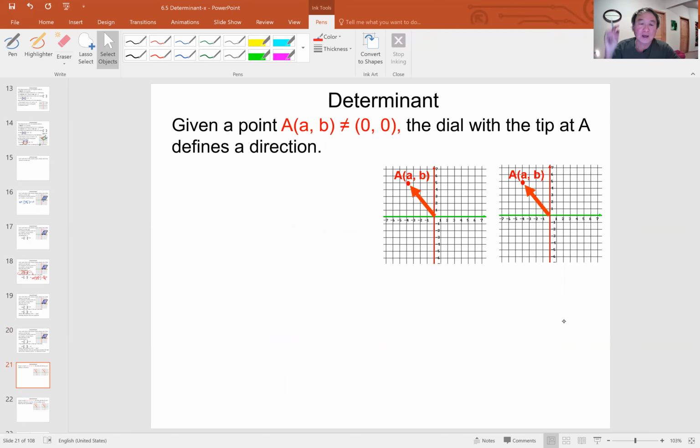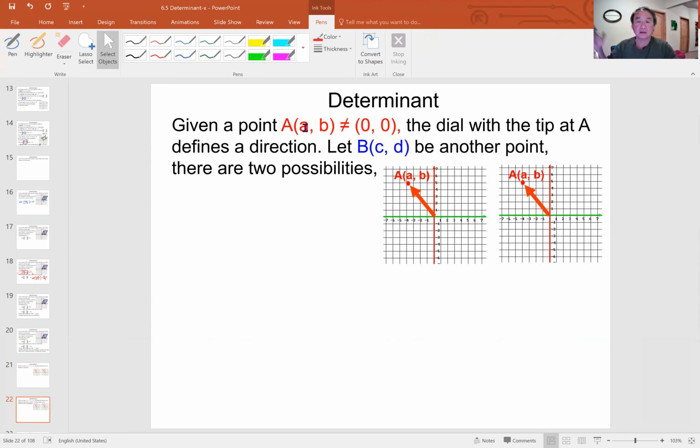Suppose the first point A is situated at (a, b), not (0, 0). And then we have another point B, the second row of the matrix, (c, d), somewhere on the plane.